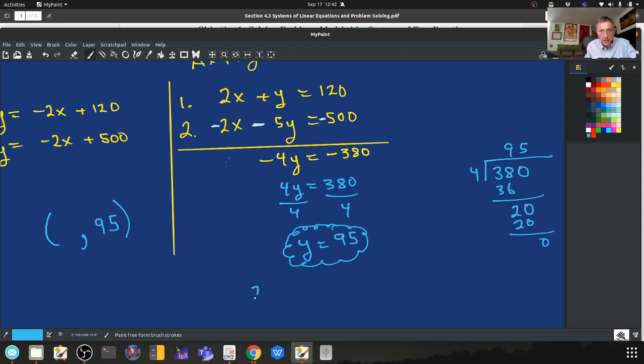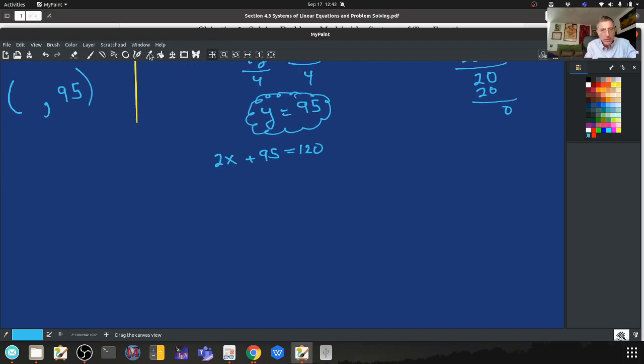So we have 2x plus y, but y is 95, is equal to 120. So let's go ahead and solve. So bring the 95 over. So 120 minus 95 is 25. Now I'm going to divide both sides through by 2. And x is equal to 25 halves.